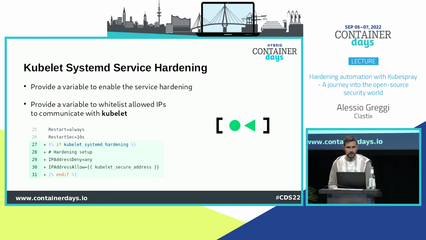For now, we only support IPAddressAllow and deny, but probably we will contribute in other ways to increase the information that you can configure. We have also provided a variable to whitelist the IP addresses that can communicate with the kubelet.